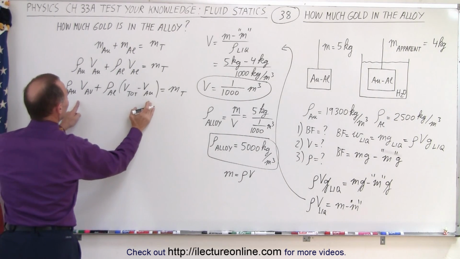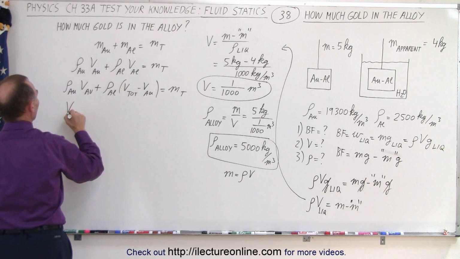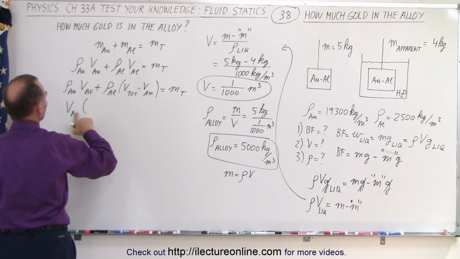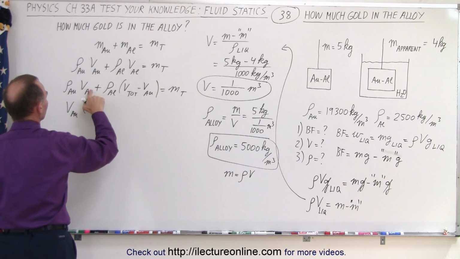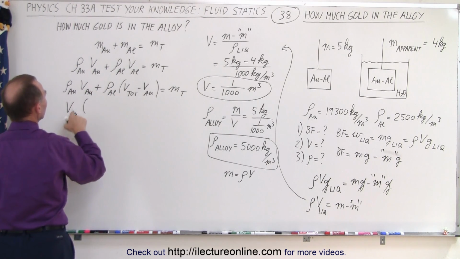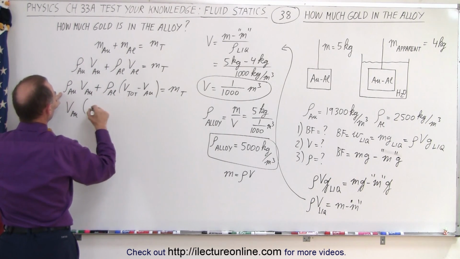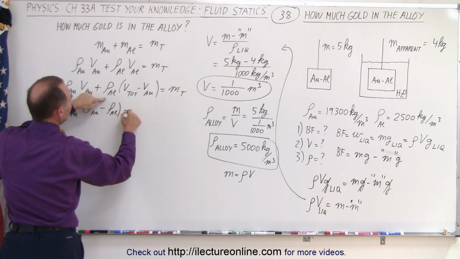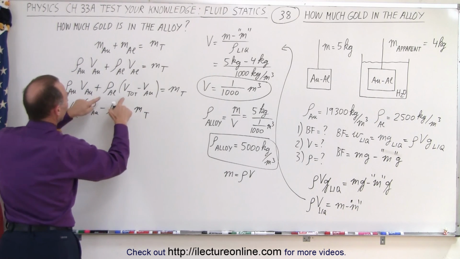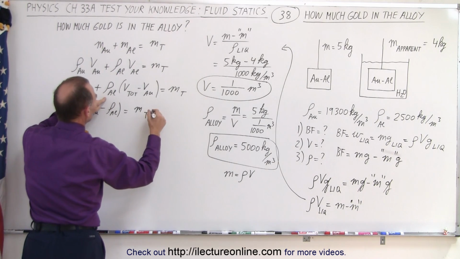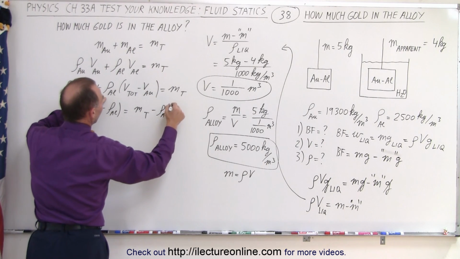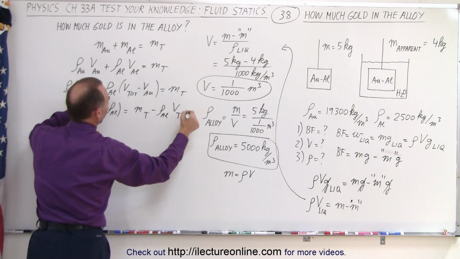So if I then factor out the volume of the gold, I can say the volume of the gold, and that should be a small v, times the density of the gold minus the density of the aluminum is equal to the mass total, and I can take this and move to the other side. That would be minus the density of the aluminum times volume total.